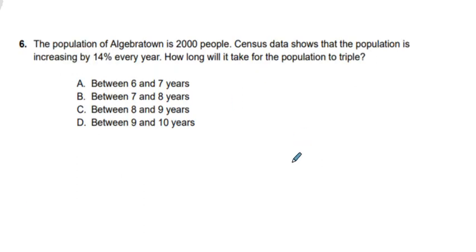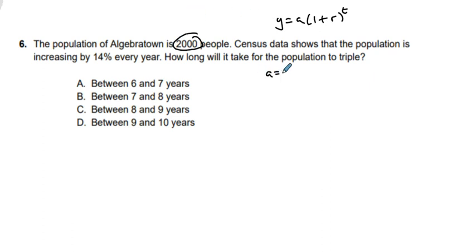Okay, now number 6 says the population of Algebra Town, sad place to live, is 2,000 people, right? So we're going to obviously be using our equation here. So we're just going to write this down and see if we can figure out what's what here. So I'm thinking this initial, that's probably our A, right?